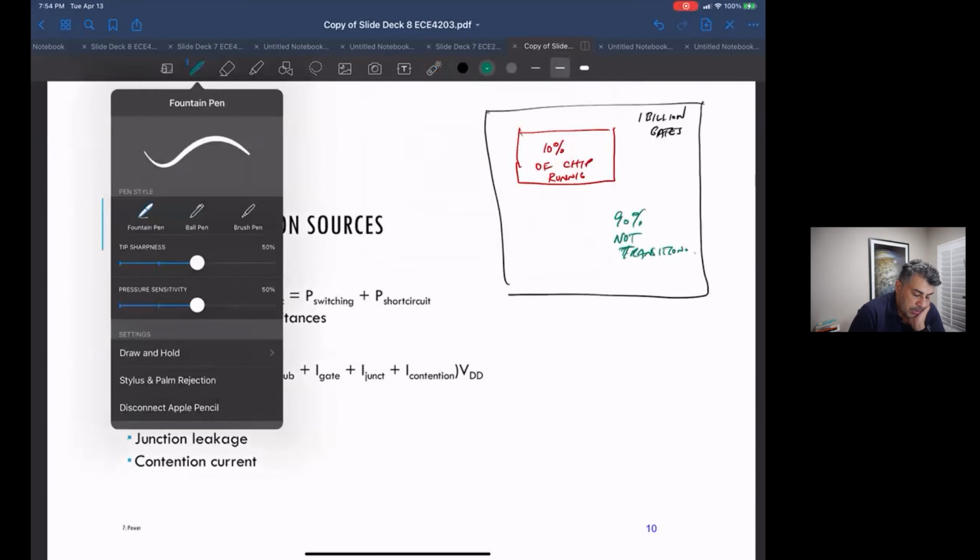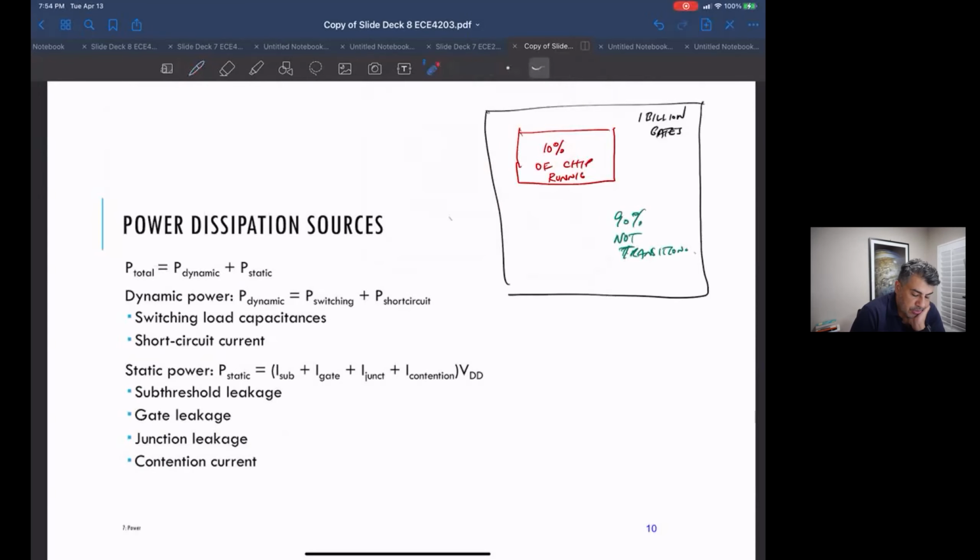This is nice because if I just use these numbers, when I compute my switching power, I can use an activity factor of 0.1, right? Just based on these numbers, only 10% of the devices are running.